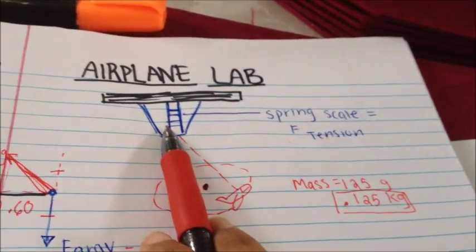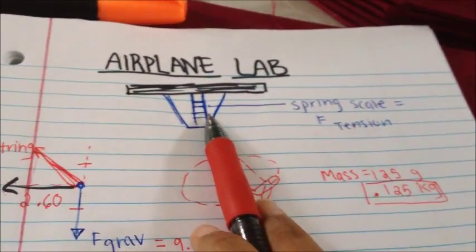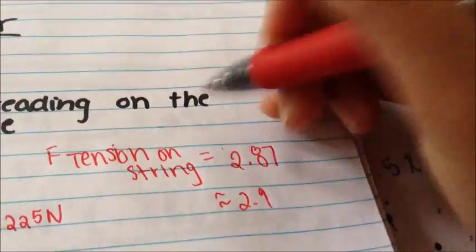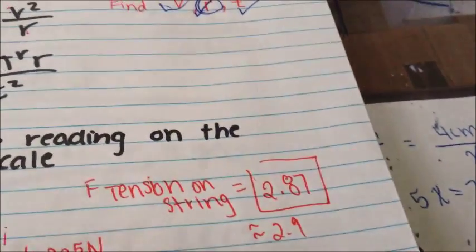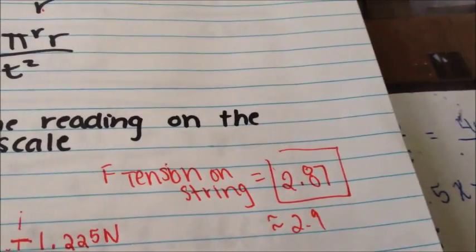The F tension is what is read on this spring scale. So we just solved for F, the tension of the string, and we got about 2.9. That's our prediction. Good job.